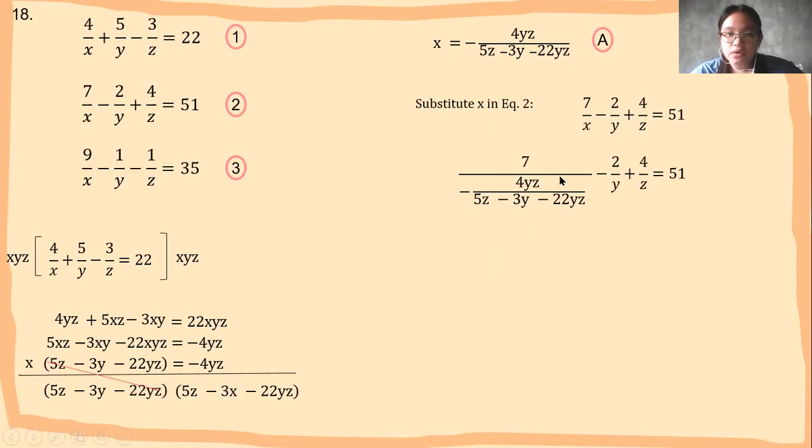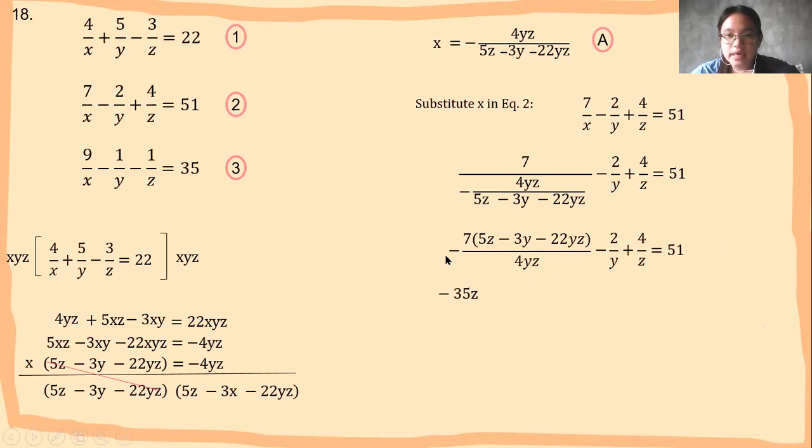We have 7 over negative 4yz over 5z minus 3y minus 22yz, minus 2 over y plus 4 over z is equal to 51. So let's multiply the denominator to the numerator. So we have 7 times 5z minus 3y minus 22yz over negative 4yz. Then copy the remaining terms.